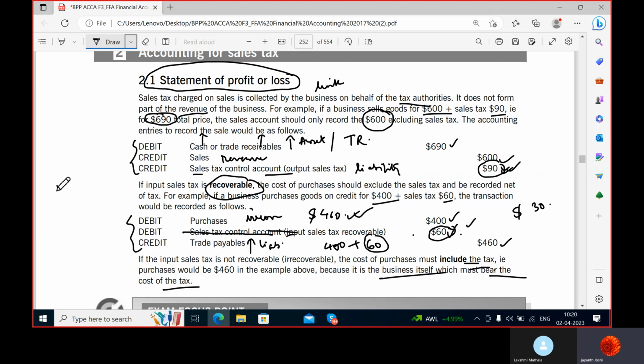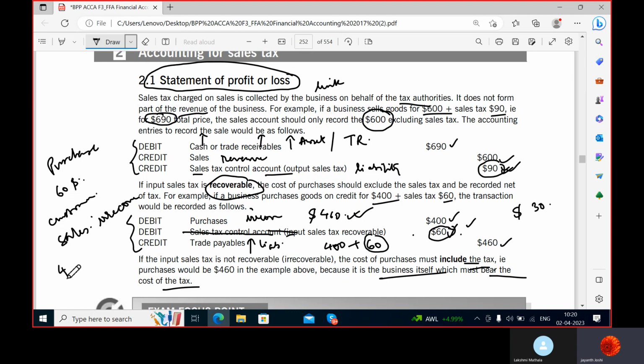Clear? See, when we purchased, we made a payment of $60 as tax. So we have to recover it from whom? From the customer, no? This $60 is to be recovered from the customer. Yes, ma'am. But when we made a sale, we were unable to recover the $60. So in case of sales, this $60 was irrecoverable.